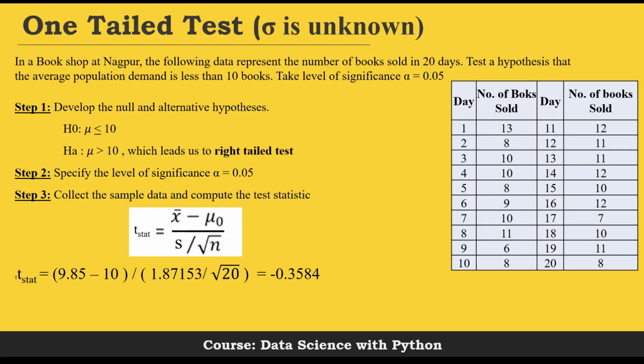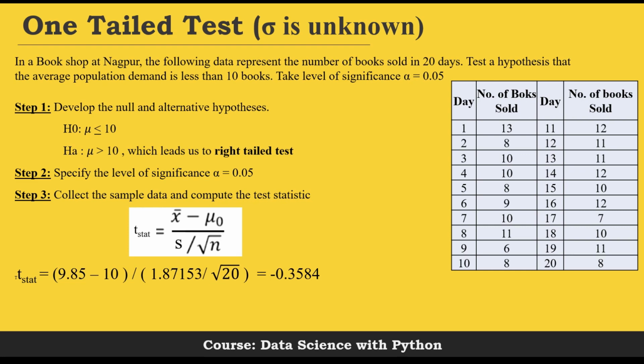Now let us move on to a one-tailed test when sigma is unknown. Let us take an example. In a bookshop at Nagpur, the following data represents the number of books sold in 20 days. Test the hypothesis that the average population demand is less than 10 books. Take level of significance alpha equal to 0.05.